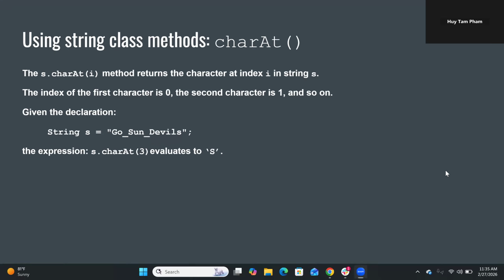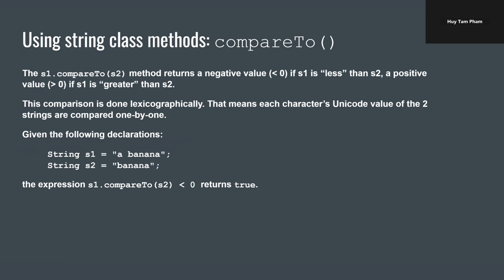Compareto. The next method that we're going to discuss is compareTo. s1.compareTo(s2) will return a negative value if s1 is considered less than s2, and a positive value if s1 is considered greater than s2.